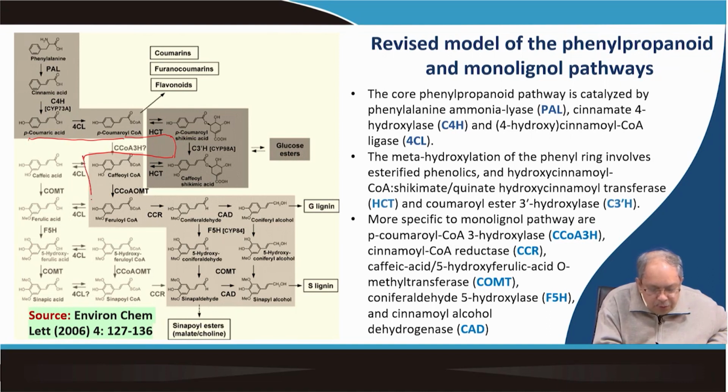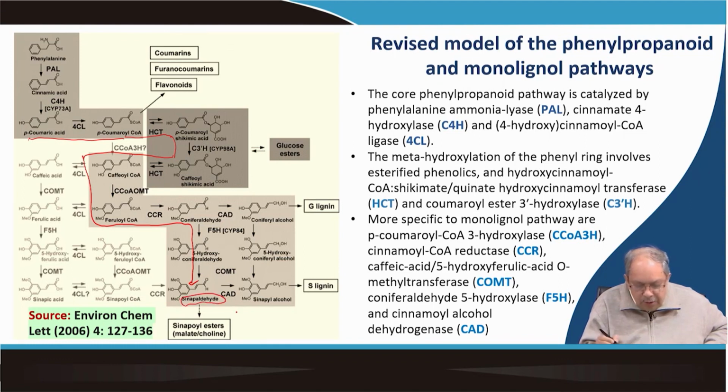Then from here it goes to ferulic acid, then coniferaldehyde; one route goes from coniferaldehyde to coniferyl alcohol, and the route for the synapoyl goes in this way, and then eventually it forms synapaldehyde and synapyl alcohol. So, this is basically the joining of different schemes leading to the formation of different monolignols. This is another way of representation.